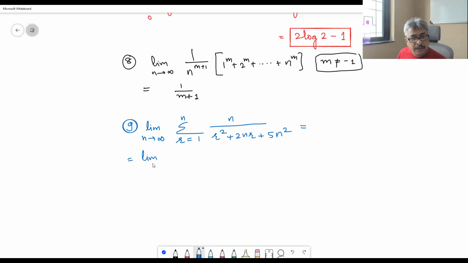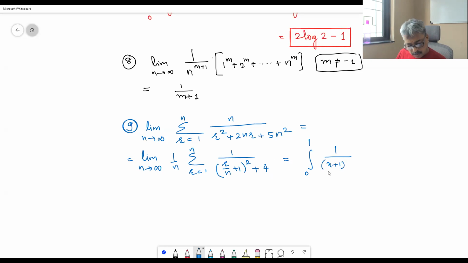Limit n tends to infinity, 1 by n sigma r goes from 1 to n, 1 upon (r by n plus 1) bracket square plus 4, which is equal to integral 0 to 1, 1 upon (x plus 1) square plus 4, which is equal to half tan inverse (x plus 1) by 2, to be evaluated between 0 to 1, which is equal to pi by 8 minus half tan inverse half.